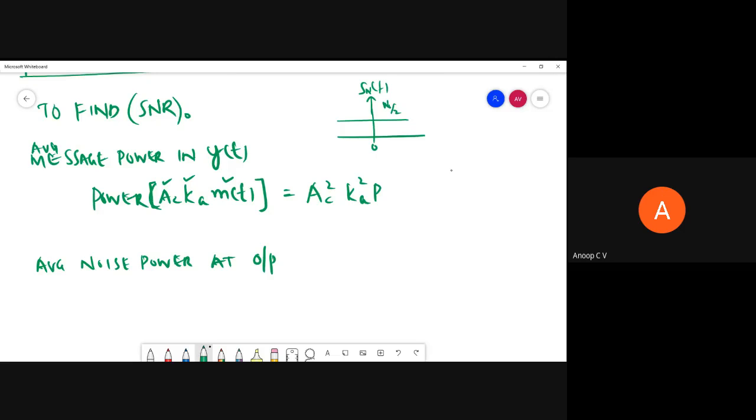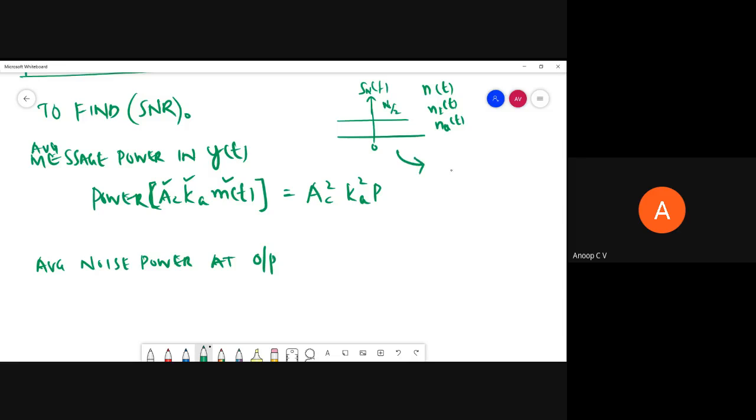Whether it is n of t, ni of t or nq of t, it will have the same spectral characteristics, so the power density will be the same.